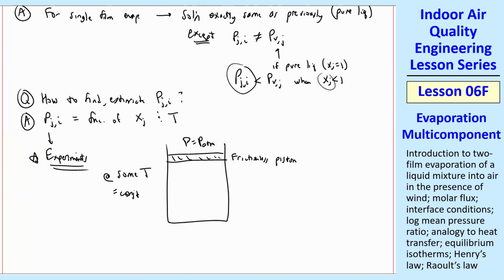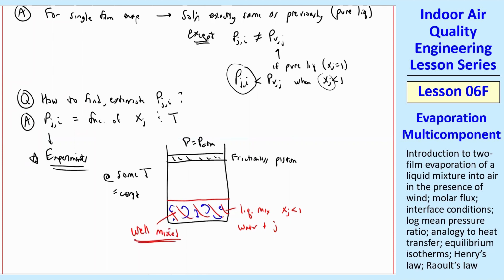We keep that constant. Isothermal. This is the liquid mixture, xj less than 1. It's water plus species J, the chemical we're interested in. And we're assuming, this is a big assumption here for these single film cases, that this is well mixed. If I take the concentration there or there or there or right at the interface, it's the same everywhere.